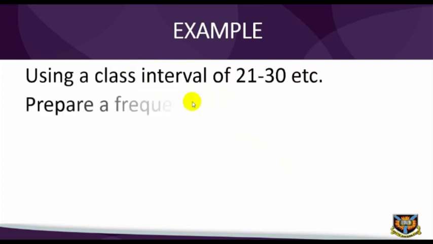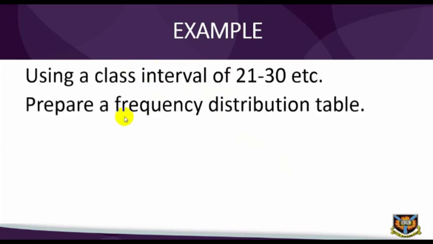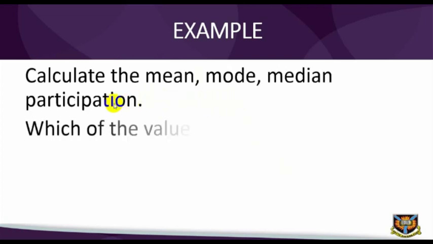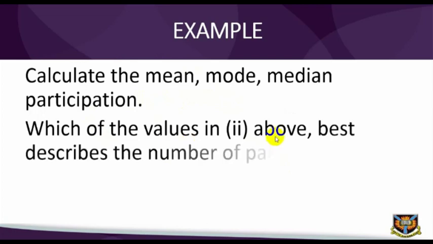Using a class interval of 21 to 30 etc. 1. Prepare a frequency distribution table. 2. Calculate the mean, mode, and median participation. 3. Which of the values in 2 above best describes the number of participants?